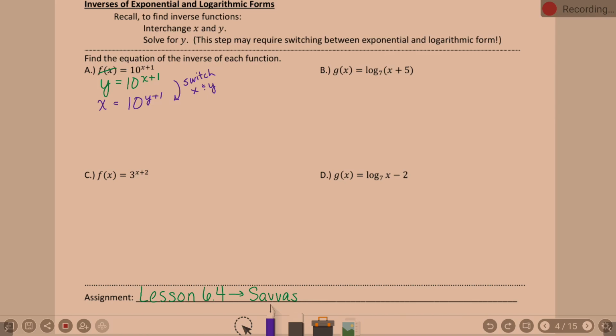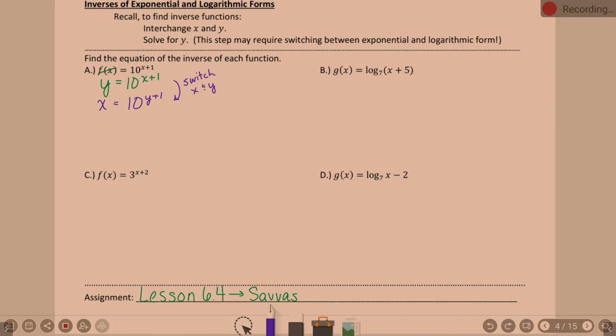Now, our job is to solve for y. Y is where? Y is in the exponent. Can we solve for y while it's in the exponent? We can't. How do we get it out of exponent form?